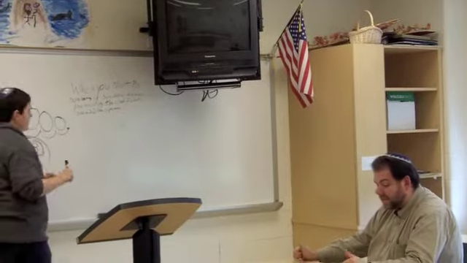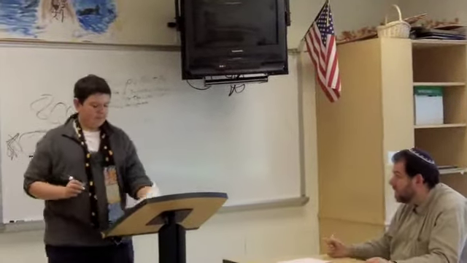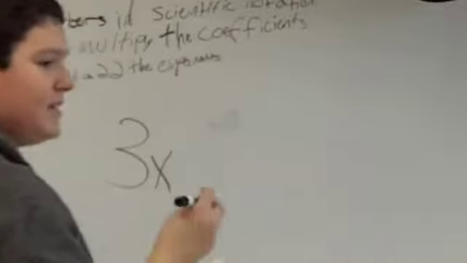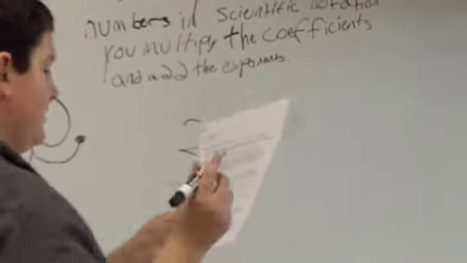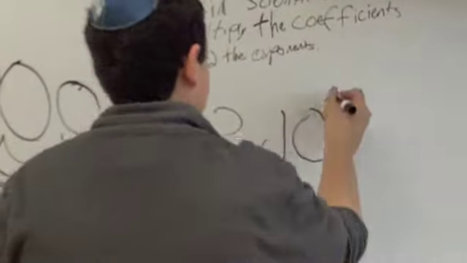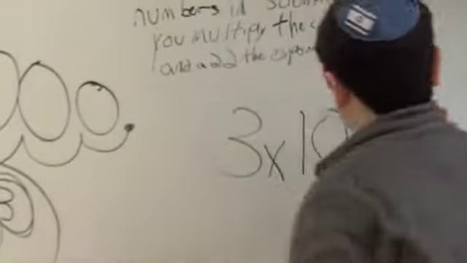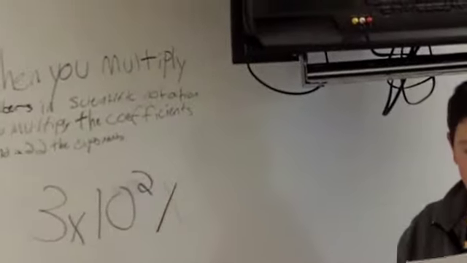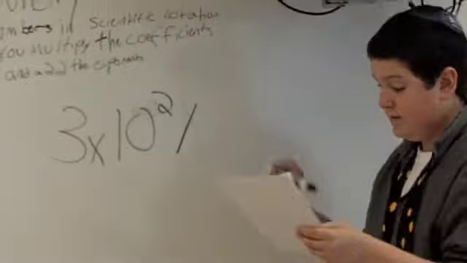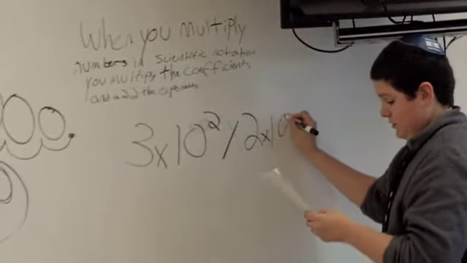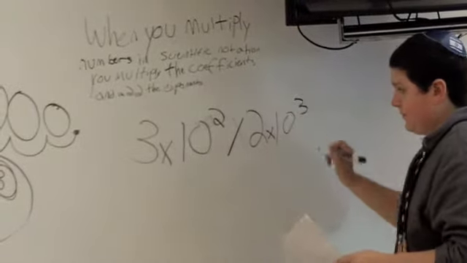Oh, okay. So, let's see, some examples. 3 times 10 to the second times, I'll make the x bigger for you, times 2 times 10 to the third.